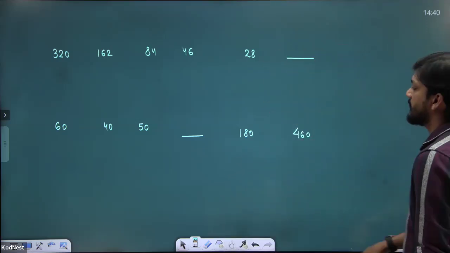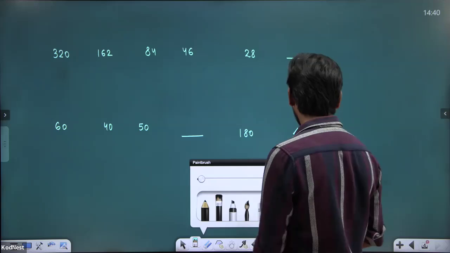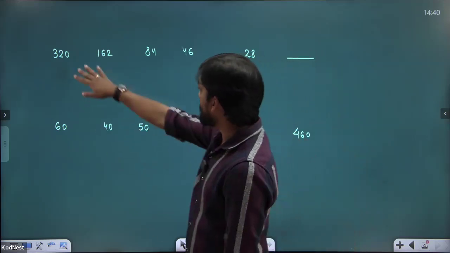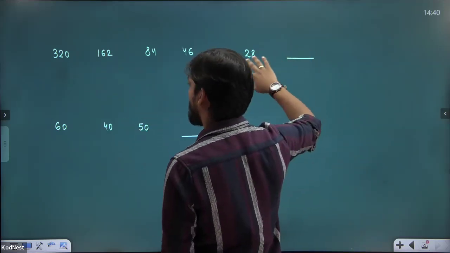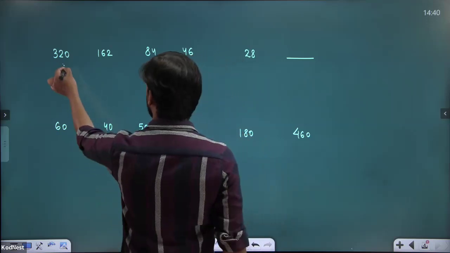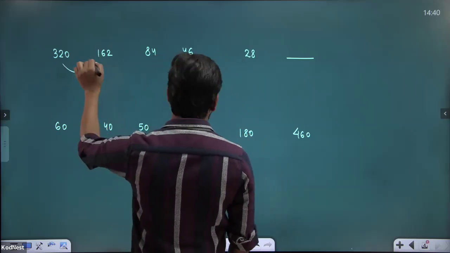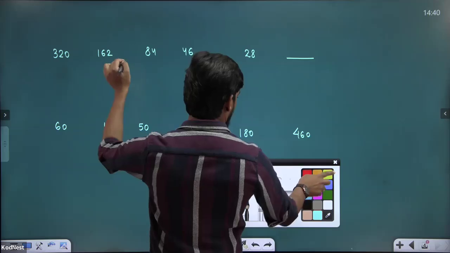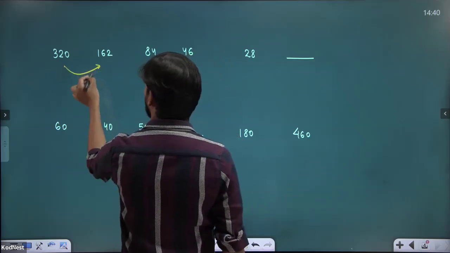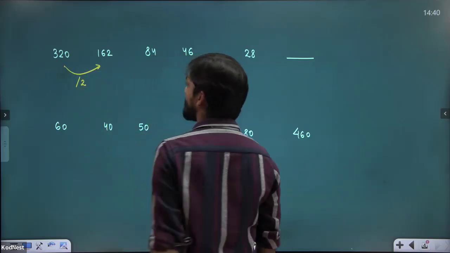All right. So carefully try to observe. The values are decreasing. The way it is decreasing, it seems like nearly half, not exactly. So divide by 2, not exactly.